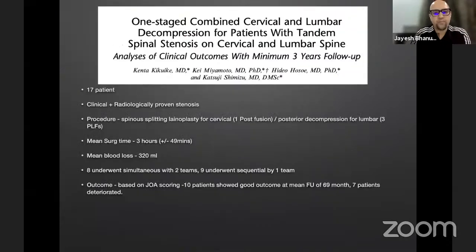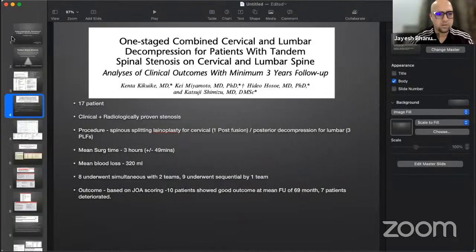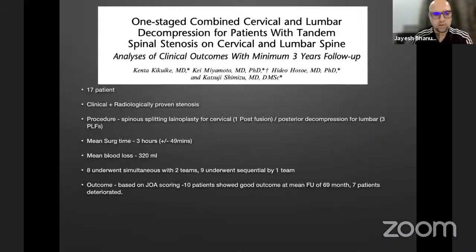Later on, there was a Korean study done by Miyamoto and Kikuike. It was a 17 patient study where all the patients included had proven clinical and radiological stenosis.